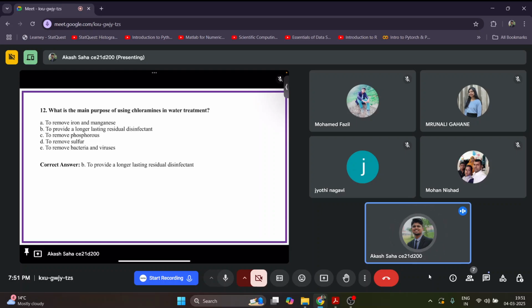So the main purpose is to provide a longer lasting residual disinfection for future contamination, not at the point where we are doing the disinfection. But yes, you can say he is also correct to some extent. If you are asked to answer only a single option, then D is the right answer.